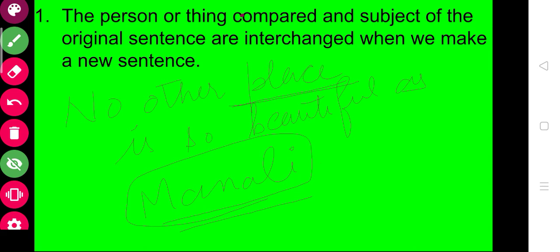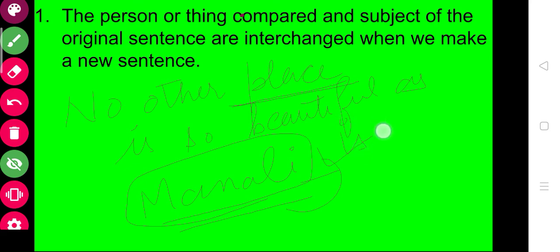As beautiful as what? Manali. So they are interchanged. That means when we write the answer, this word Manali is going to be the first word. When we change that into the comparative degree, we are going to keep Manali at the first place. That means interchange has taken place.